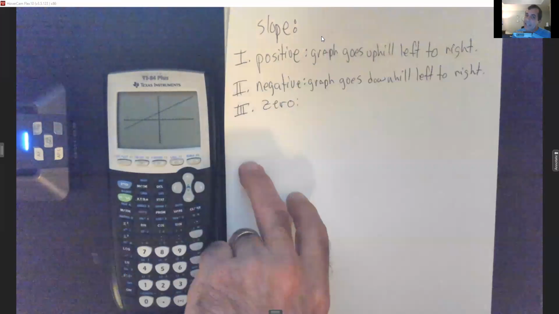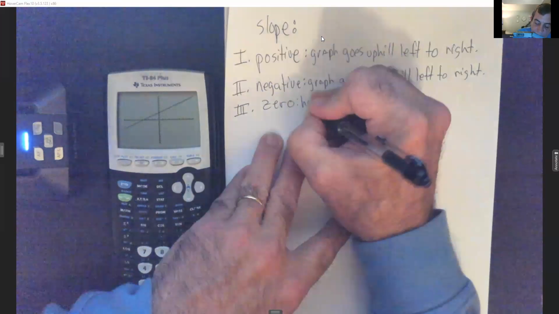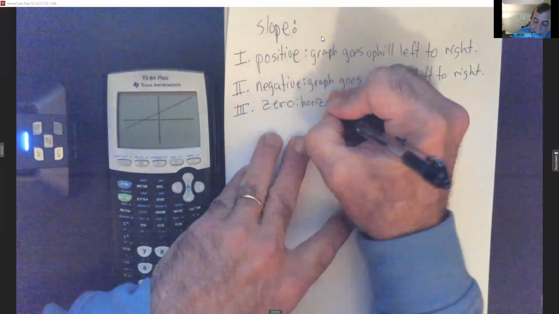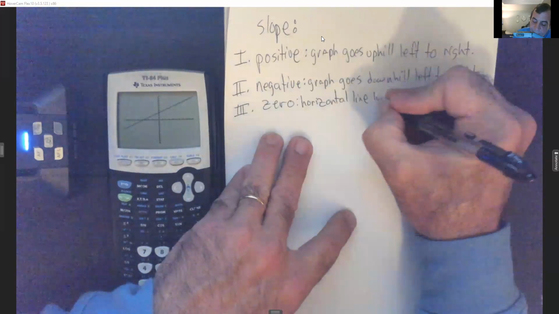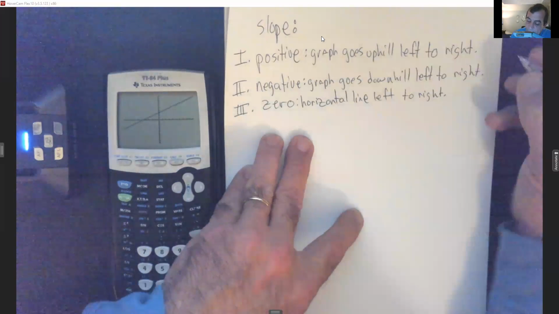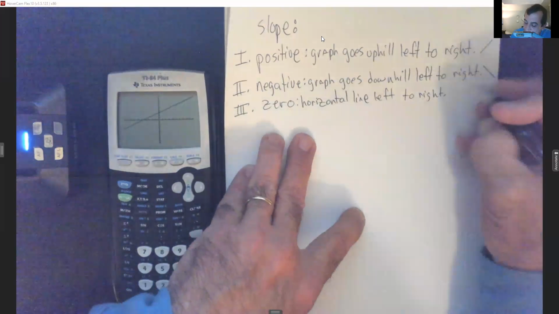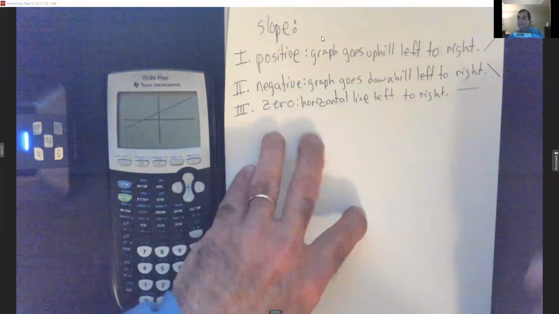And when I had the 0 slope, it made a horizontal line. So horizontal line, left to right. Okay, so my uphill slope, my downhill slope, and my horizontal line.